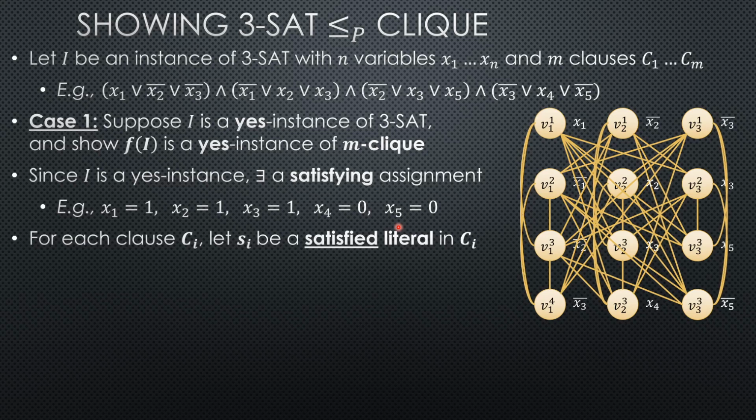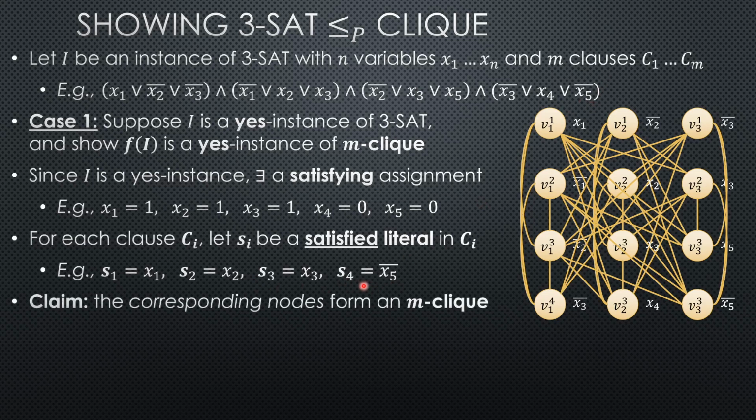It's the satisfied literal Si in Ci. So for example, in our example here, for this satisfying assignment that we considered, x1 was a literal that satisfies clause 1. And x2 was a literal that satisfies clause 2. x3 was a literal that satisfies clause 3. And not x5 was a literal that satisfied clause 4.